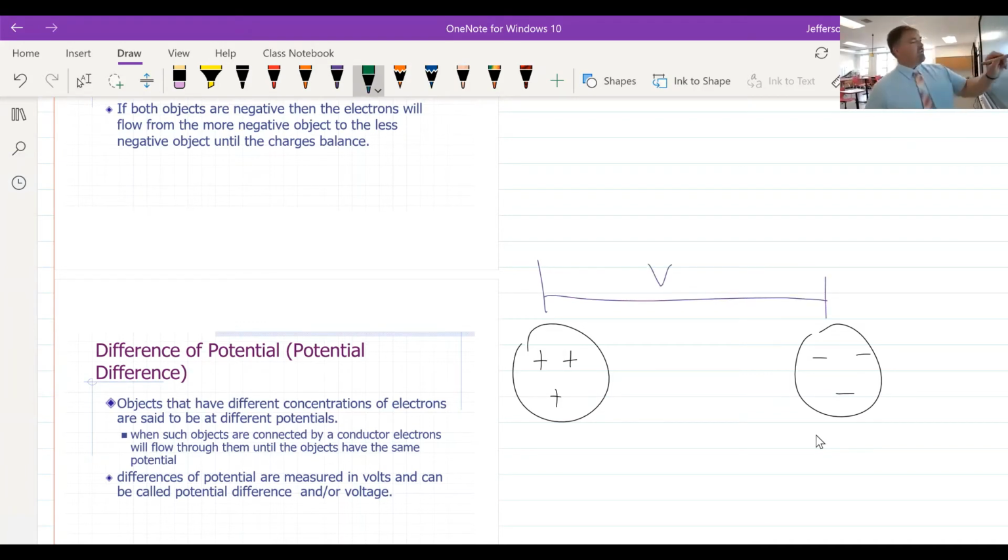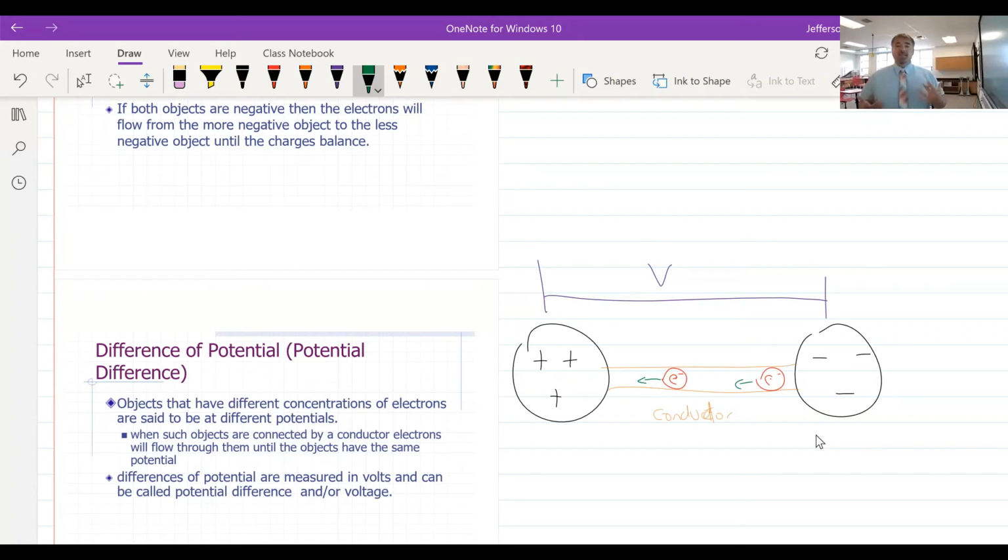If you put a conductor in, I'll put that back in the orange because that's what I used before. Here's my conductor. Charges will flow until there is no longer a difference of potential.